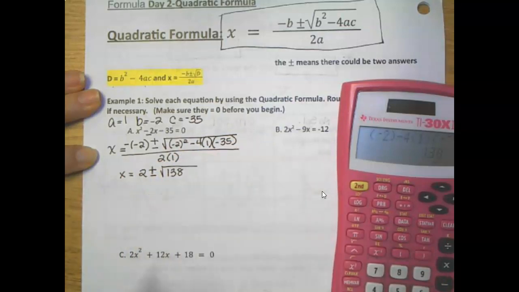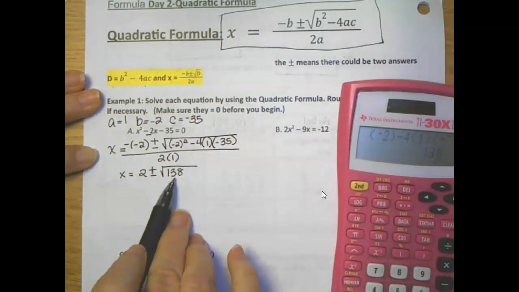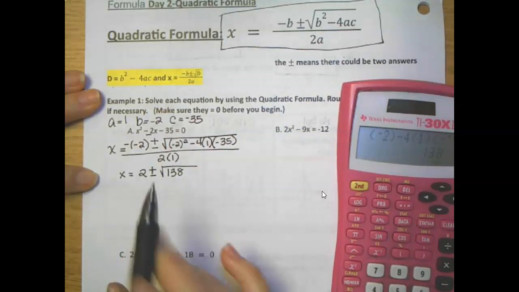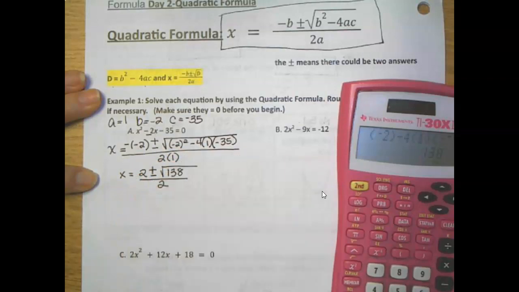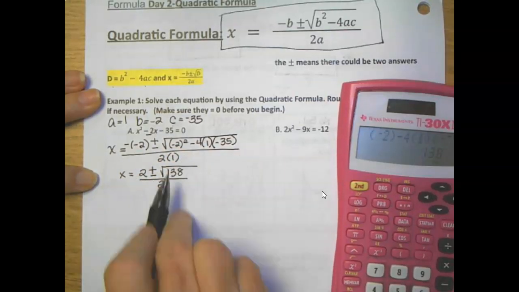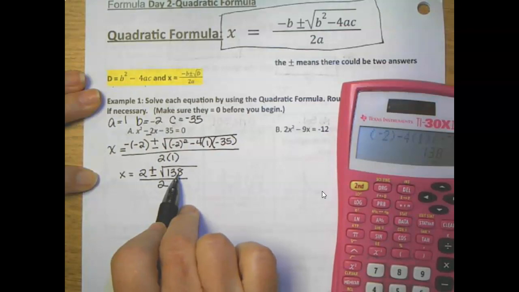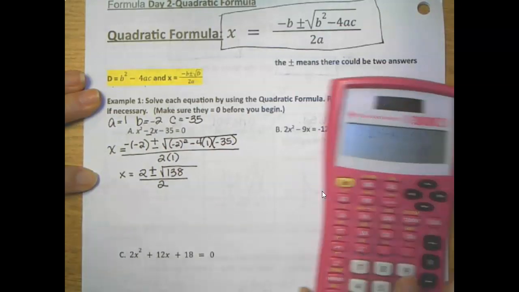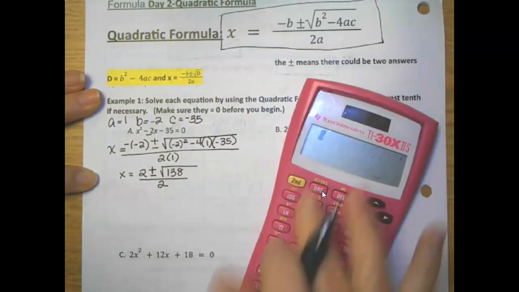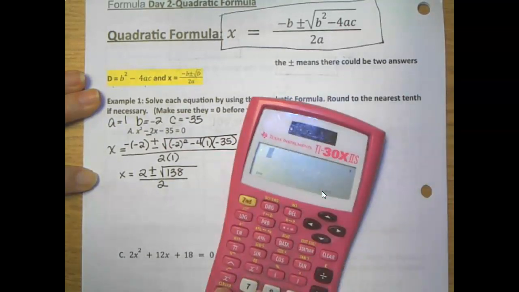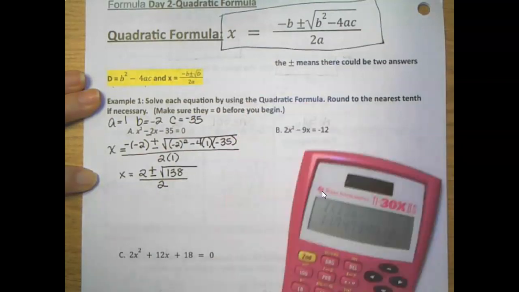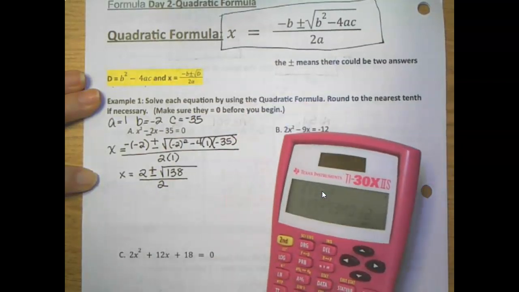Okay, now, since this is positive, we know we're going to have two solutions, so you can just expect that. Divided by 2. Okay, now let's go ahead and simplify this 138. The square root of 138, and we're going to round to the nearest tenth, so that's 11.7.